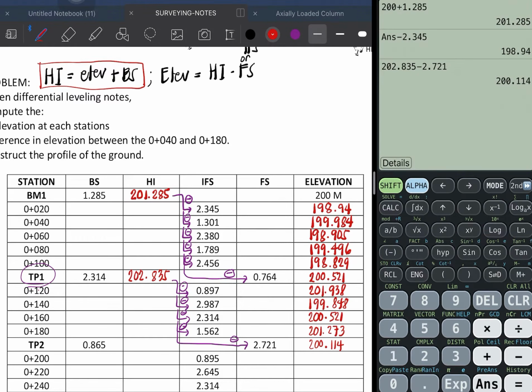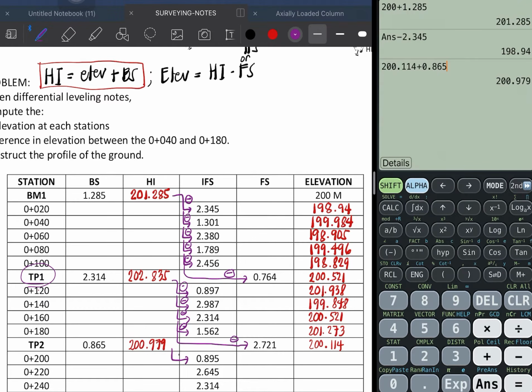You transfer to another area, so you have now your backsight for turning point 2 and your new height of instrument. The height of instrument now is 200.114 plus the backsight of 0.865, which is 200.979. That is now your new height of instrument for turning point 2.